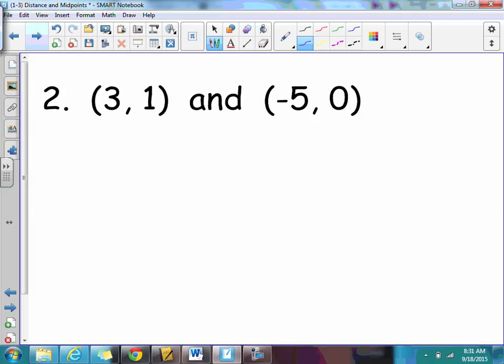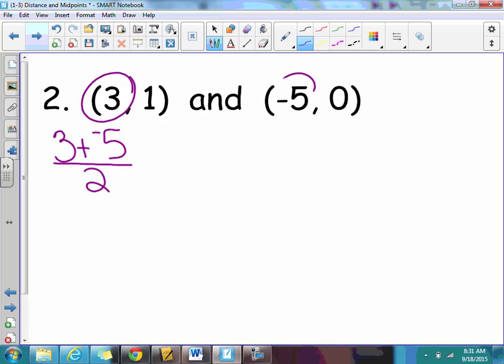Alright, let's do it again. Again, if I want to find the midpoint, I want to do the average. So average means add them and divide by 2. So this is an x and this is an x. So I'm going to add them first to get -2. Divide by 2 to get -1.